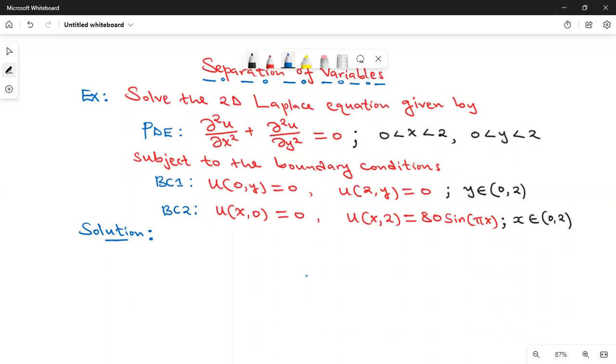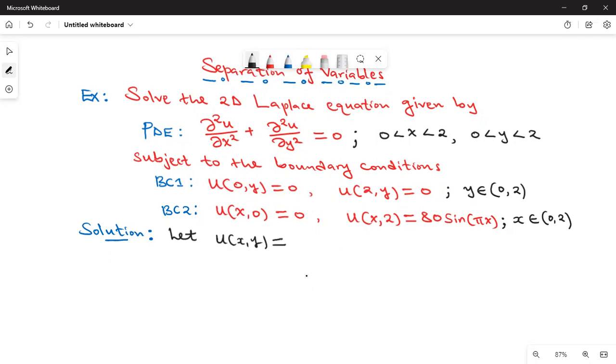So what we do, we are going to say that let u of x, y. You see, in our PDE, x and y are the independent variables. So u is a function of x and y.